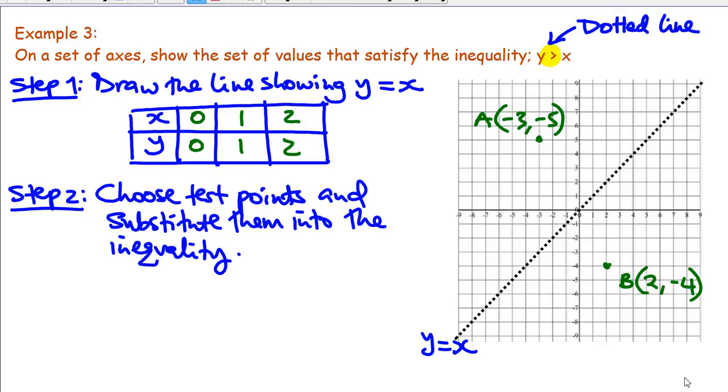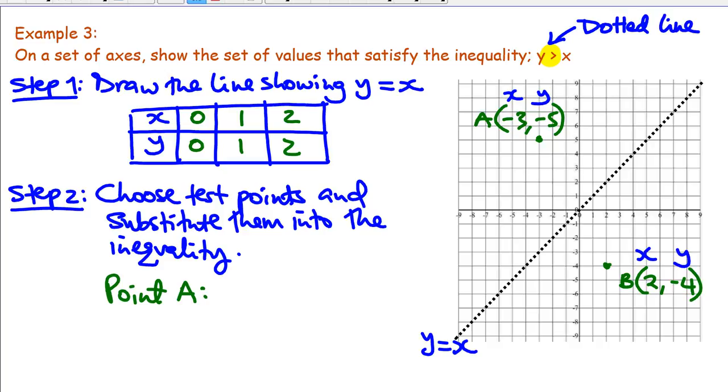So let me start with point A. Now, if you plug point A into the inequality, just remember this is the x coordinate and that's the y coordinate.